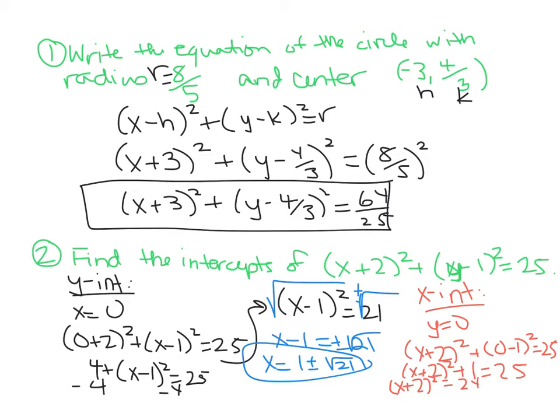I get (x + 2)^2 equals 24. I now need to take the square root of both sides. I'm actually running out of room, so I'm going to go up here. So I get x + 2 equals plus or minus the square root of 24. Now, you're perfectly allowed to leave this as an unsimplified radical.